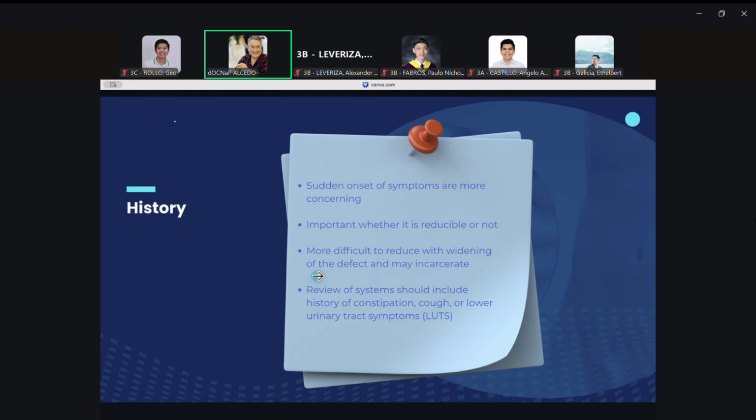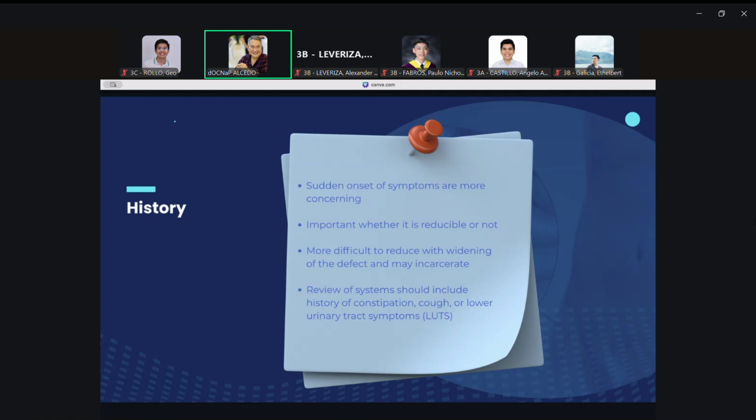Also, again, very important is to review the systems of the patient. This is very important when we talk of management, because failure to elicit some of these symptoms or historical aspects can result in early recurrence or failure of the repair.